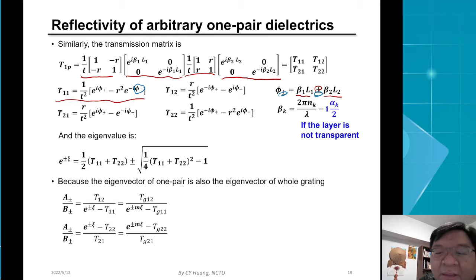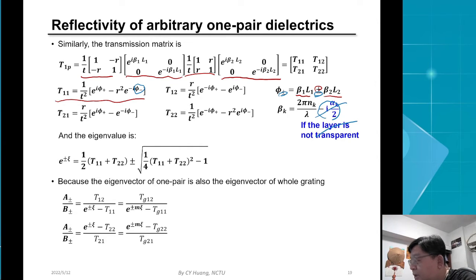Okay, and beta is 2 pi k divided by lambda. If the layer is not transparent, you will get an imaginary term, but at the current stage we just assume there's no such term. Probably next week we will see what happens if we have an imaginary term.